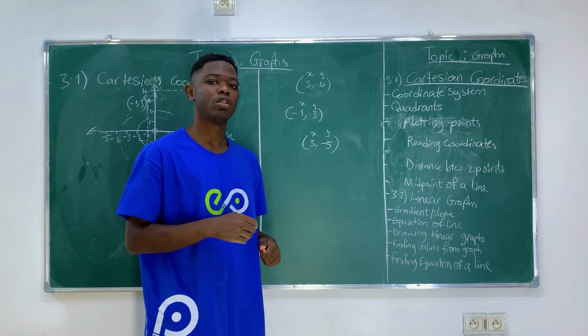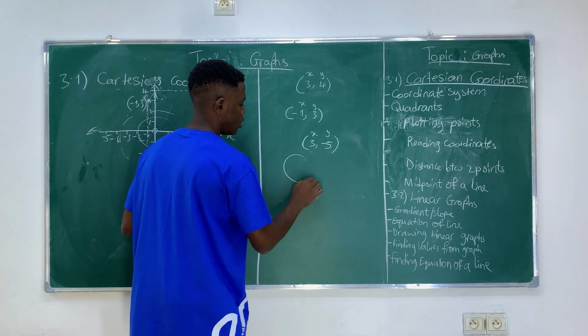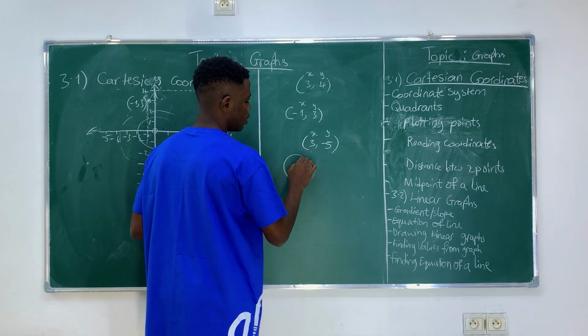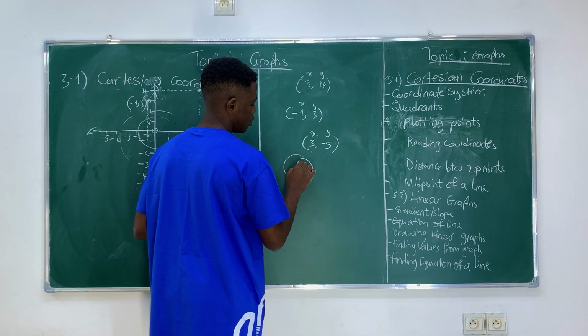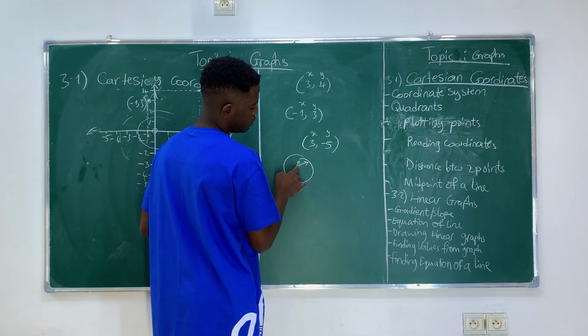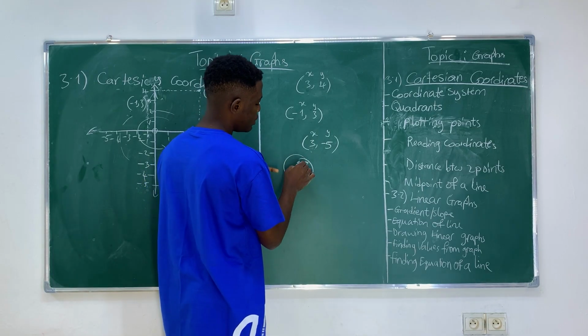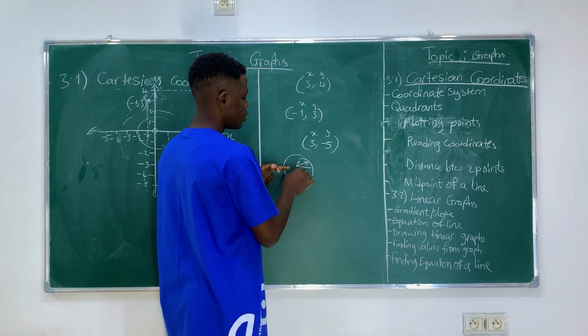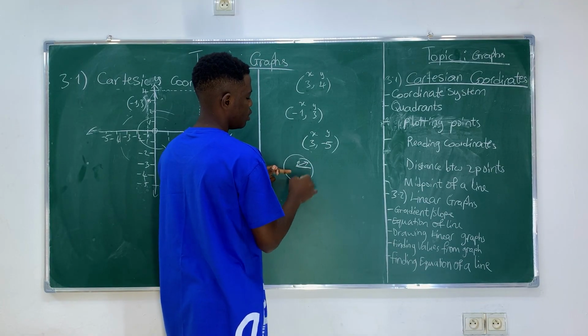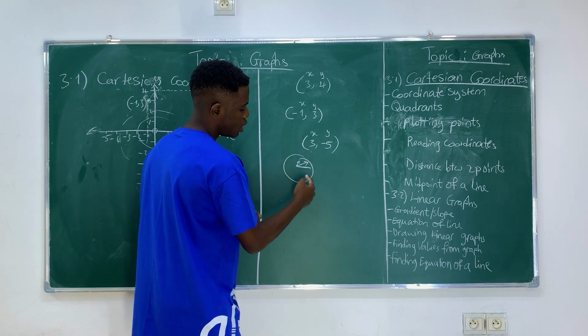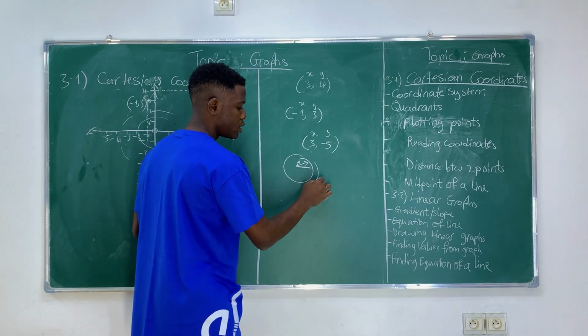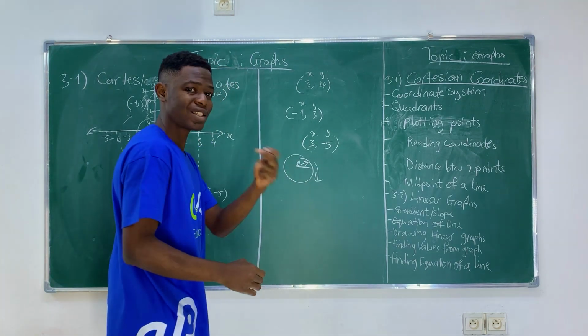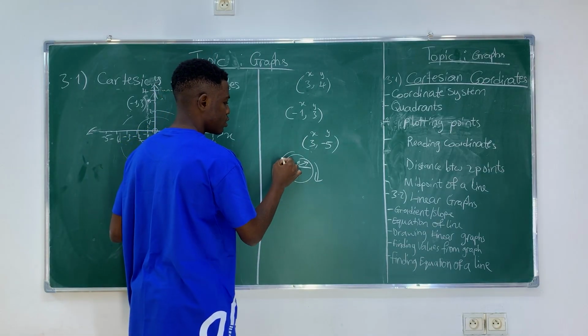If you have a clock, you see that the minute hand or the seconds hand goes this way, so that is the clockwise direction. Anti-clockwise means the reverse of the clockwise direction.